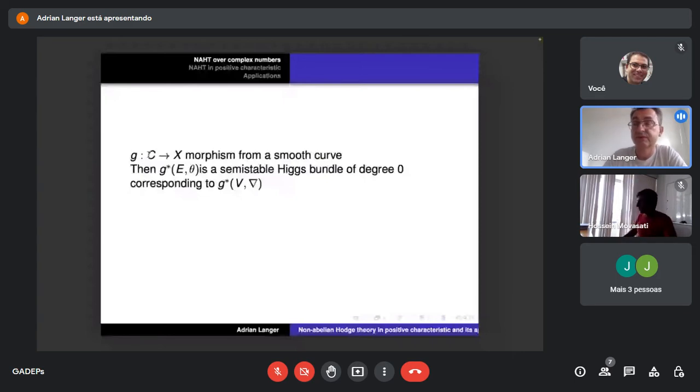So this is really a serious problem that appears with this proof, and he used nearby cycles to prove this.